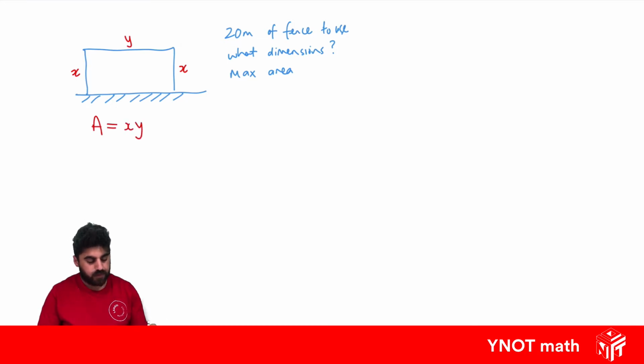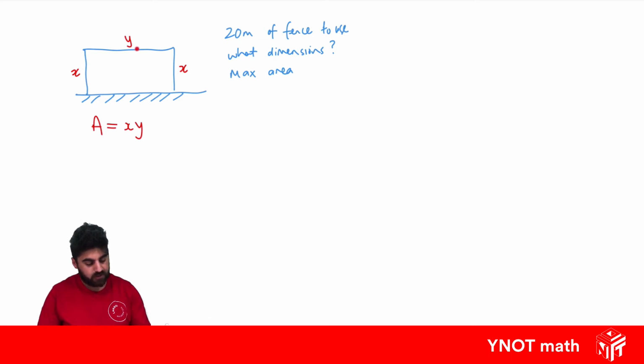But when we differentiate, we only want one variable on this side. So we want one variable for whatever we want to minimize or maximize, and one variable on this side, but we've got two variables. So we need to use extra information that we've got in the question to eliminate one of these variables. And we've been told that we have 20 meters of fence to use.